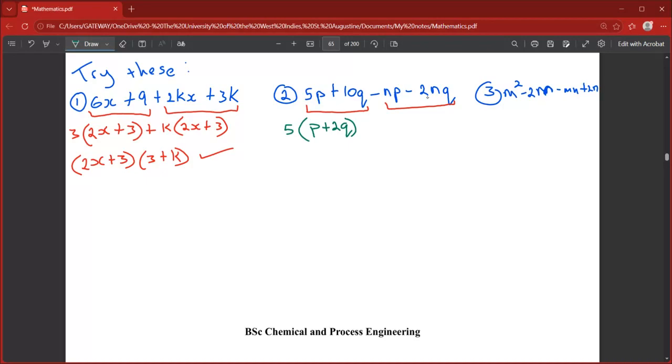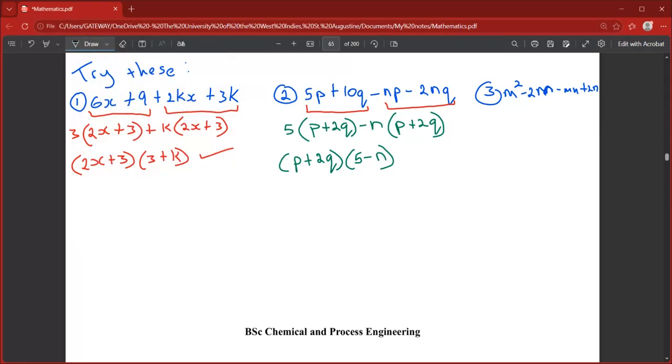Between negative np and negative 2nq, you take out the minus sign, and n is common. Open bracket: negative np divided by negative n is p, negative 2nq divided by negative n is positive 2q. So you take out p plus 2q, and you put 5 minus n in the next bracket.